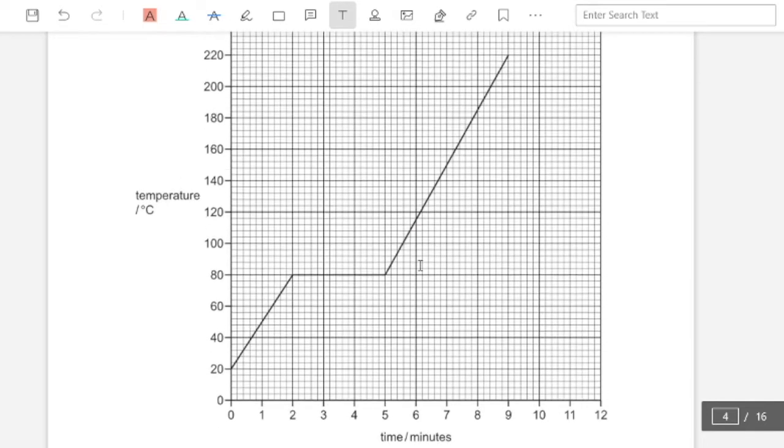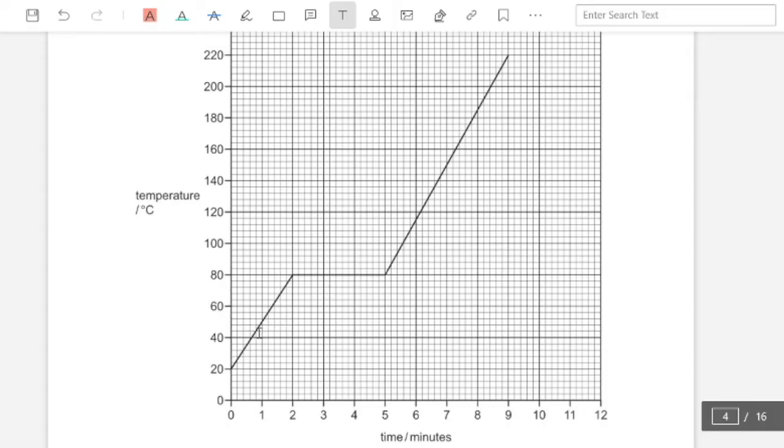Alright, and the reason for that is the temperature of the substance Z keeps increasing when it is solid, and once it reaches its melting point, the temperature is not going to be increasing. Why?